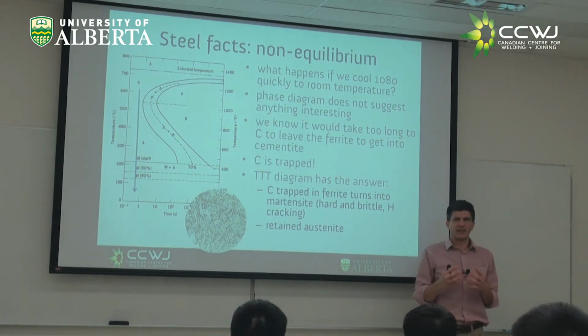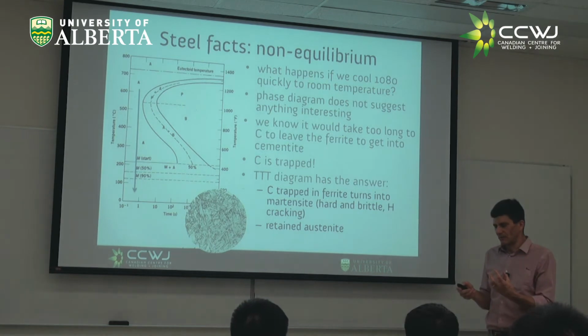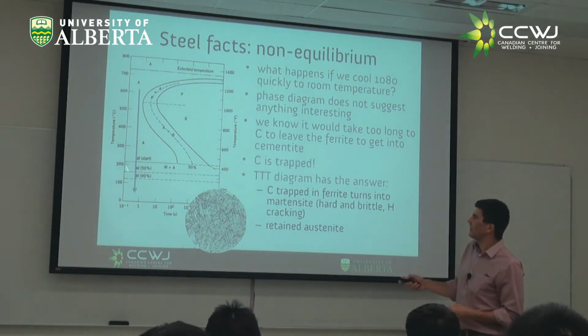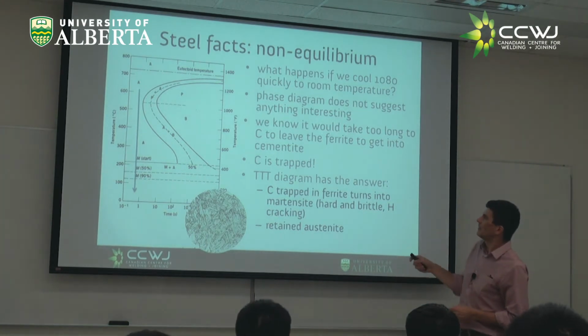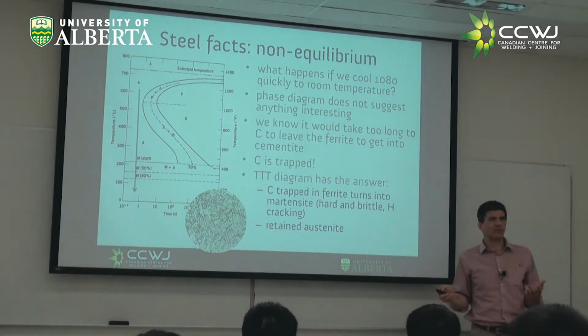So that austenite is retained because of this strong strain energy, right? This is the martensite. Martensite is hard, brittle. It would give us problems of hydrogen cracking.